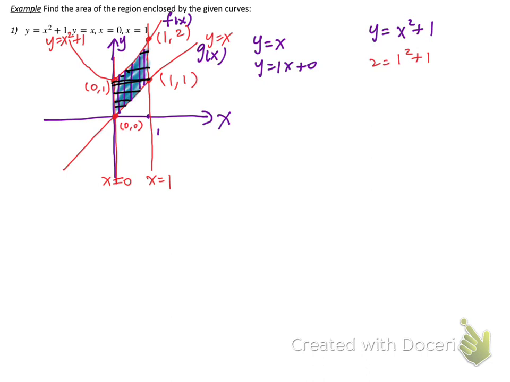See, so actually the upper and lower bounds are not consistent. So again, it's doable, but a lot more work. So we are going to use x as the independent variable.